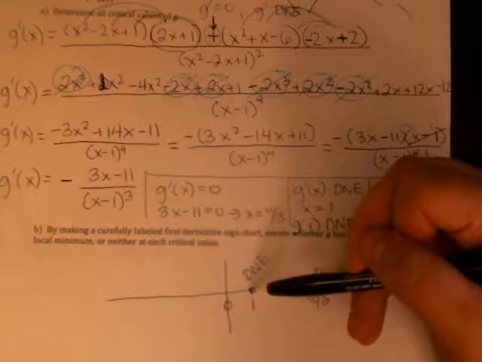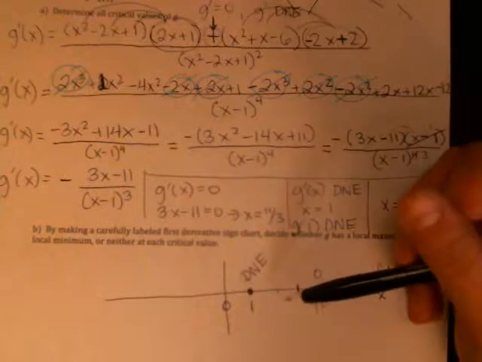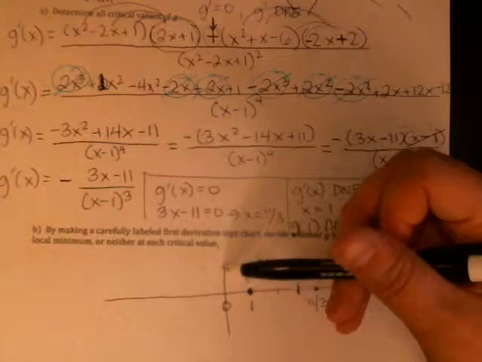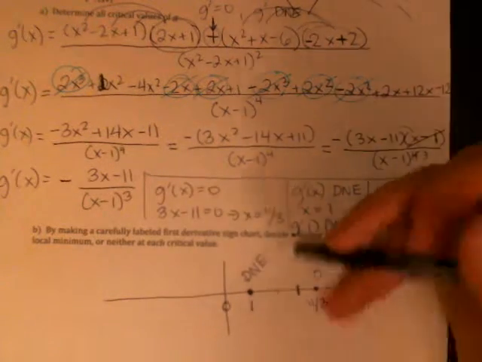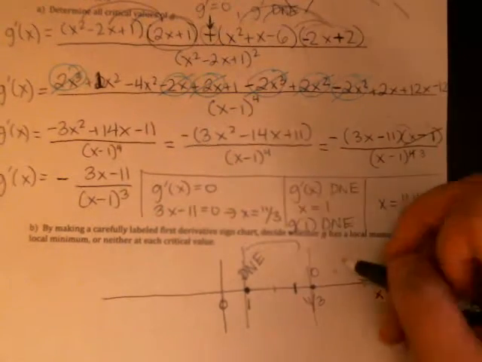But if you forget to remind yourself that the derivative might change signs back here, when you go to check on the left-hand side, you might check 0, and that's actually not helpful because whatever's happening at 0, it could switch to something else over here. That's the biggest reason we want this. So we want to check something in between 1 and 11/3 and something bigger than 11/3.